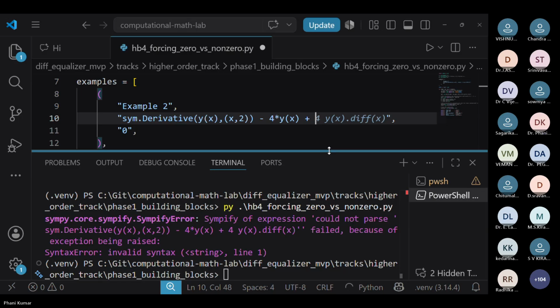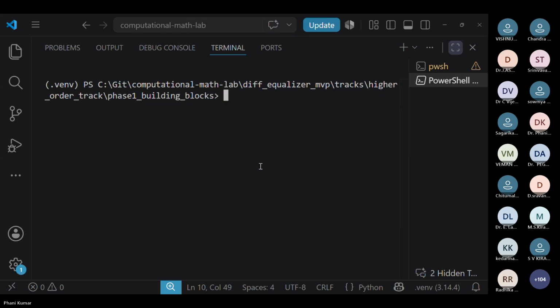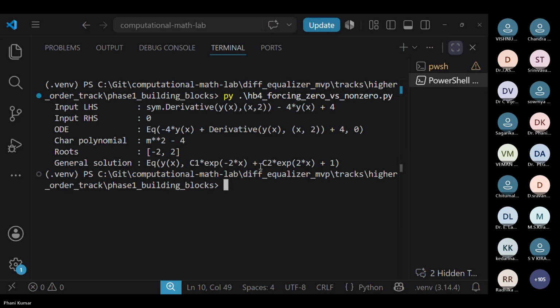Yeah. So it is taking only m square minus 4. No, m square minus 4m plus 4. In that differential equation, I forgot that 4y.